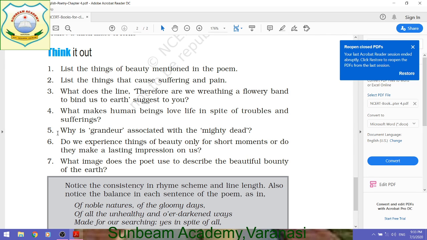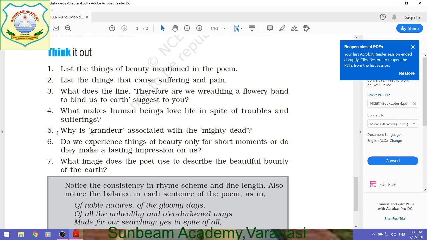And the poet says the mighty deed were the forefathers, who were very powerful and dominating at their times, and their achievements made them mighty and great, and that's why they are mentioned as mighty deed.